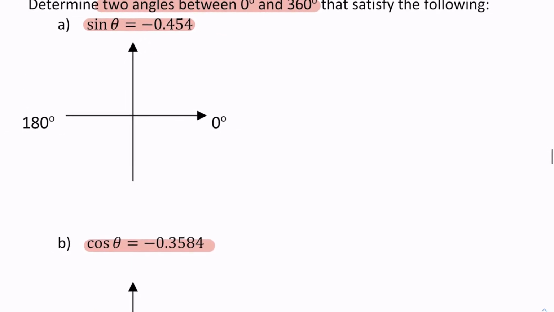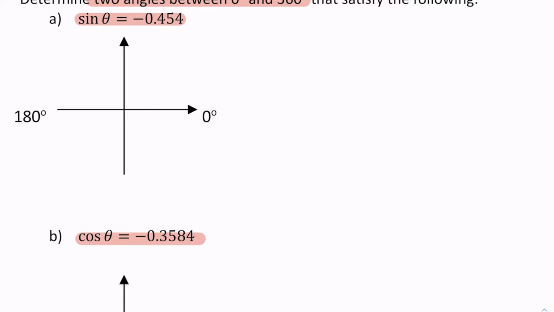So we have sine of negative 0.454. Let me write that down. Sine theta is equal to negative 0.454. I'm going to take the inverse to find the first angle.